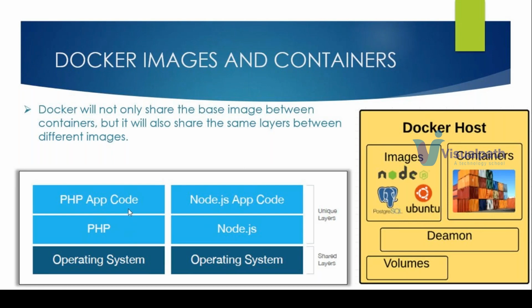And we are creating an image by utilizing the same operating system, but with a different code base. Similarly, in this example, we have Node.js as a different application, but we are utilizing the same operating system, and then depending upon the requirement and configuration, we are again packaging a different unit for Node.js.